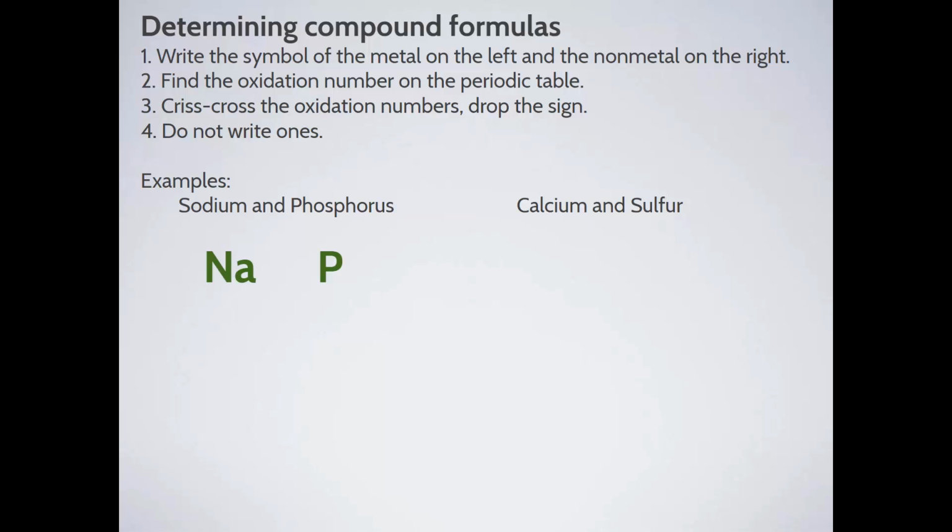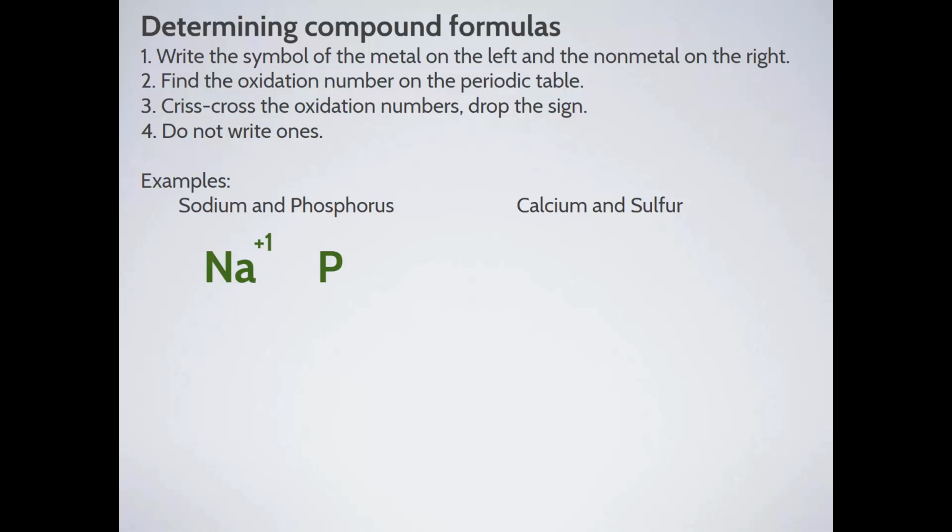Sodium is Na, phosphorus is P. Has anyone found sodium? Yes. All right, Jake, how many valence electrons does sodium have? 1. It has 1. So what's its oxidation number? +1. It has 1 extra that it would like to get rid of.